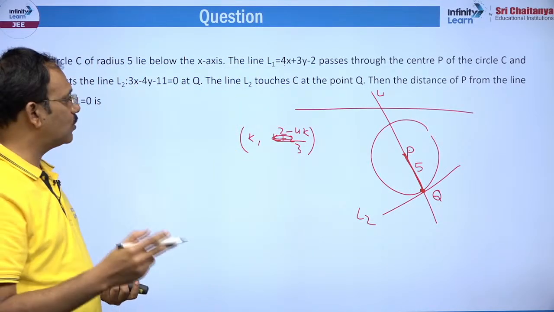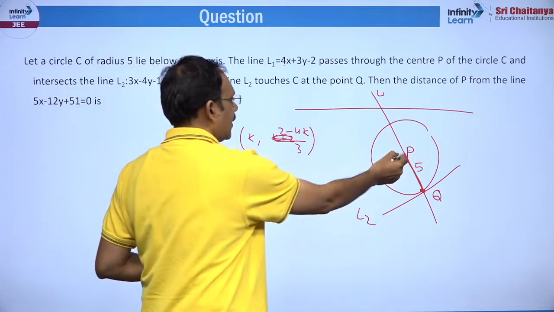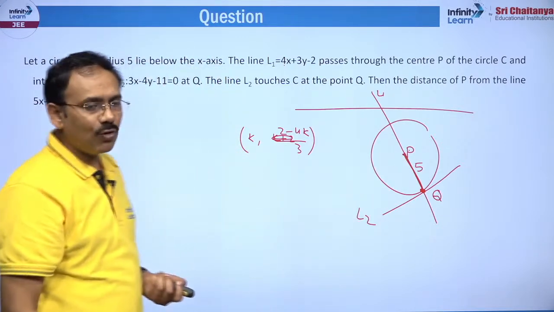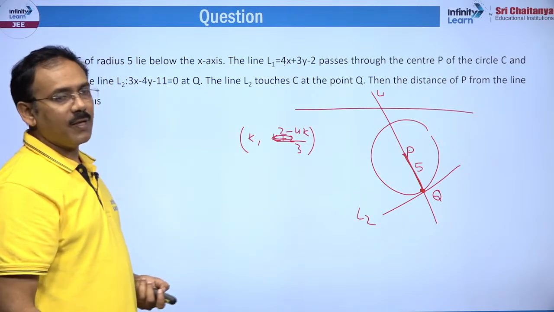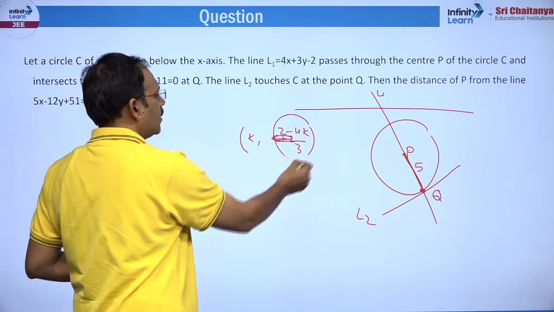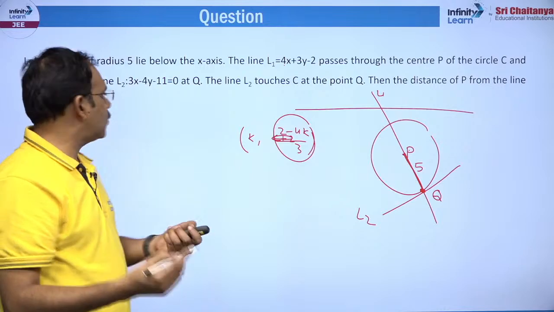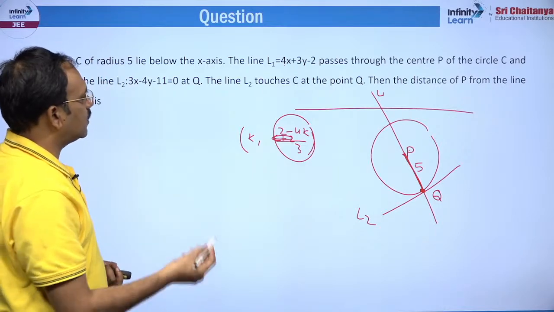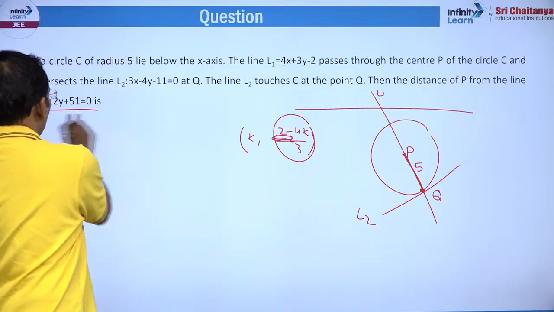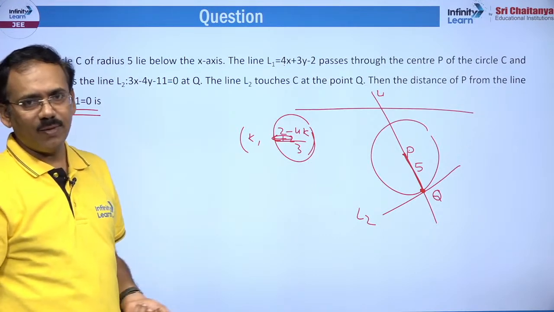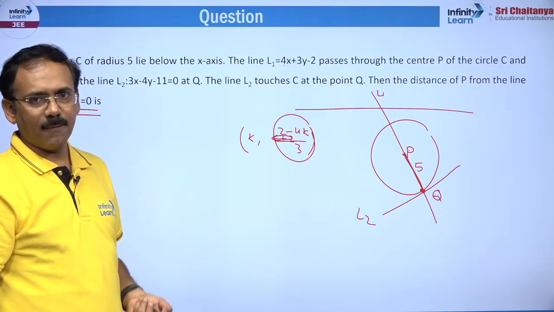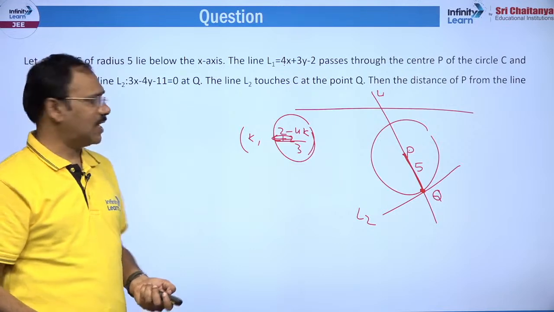You may get 2 roots. You have to choose such that this point lies below the x axis, meaning the y coordinate must be negative. Once you find that point, he wants the distance of that point to this line. Point to a line distance is not a big thing, we can easily find. Clear, friends? Simplification, that is it.